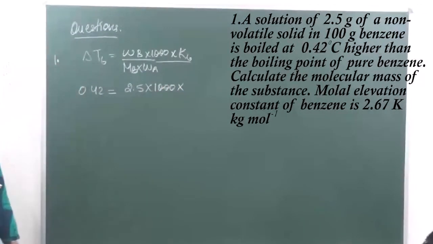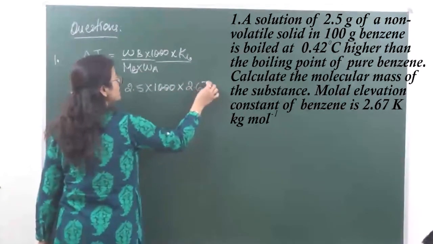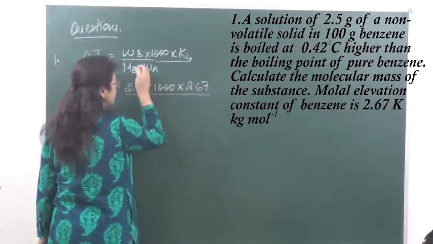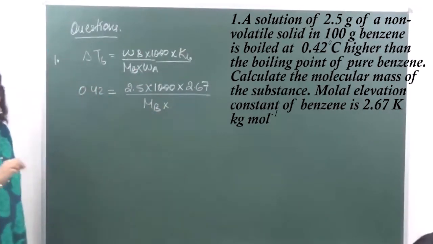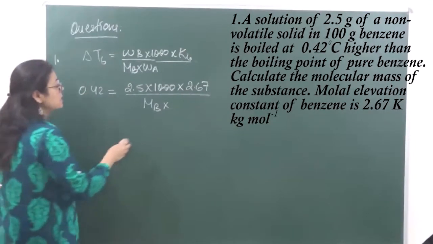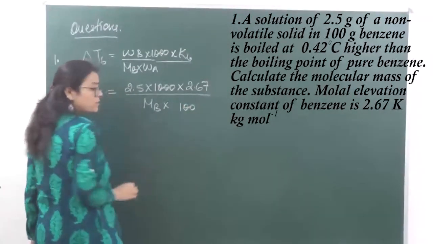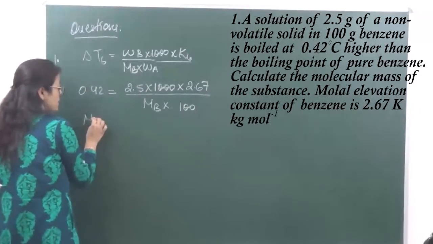Kb given to us in the question is 2.67. We have to calculate Mb, right? And Wa given to us in the question is 100 grams of benzene. So let's take Mb on this side.